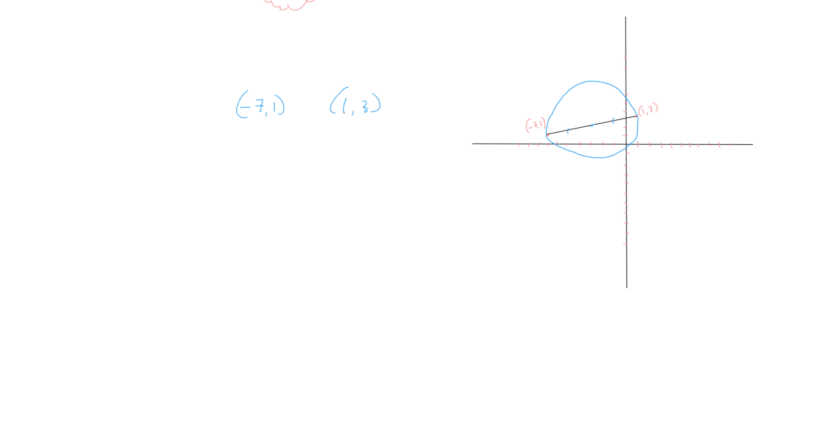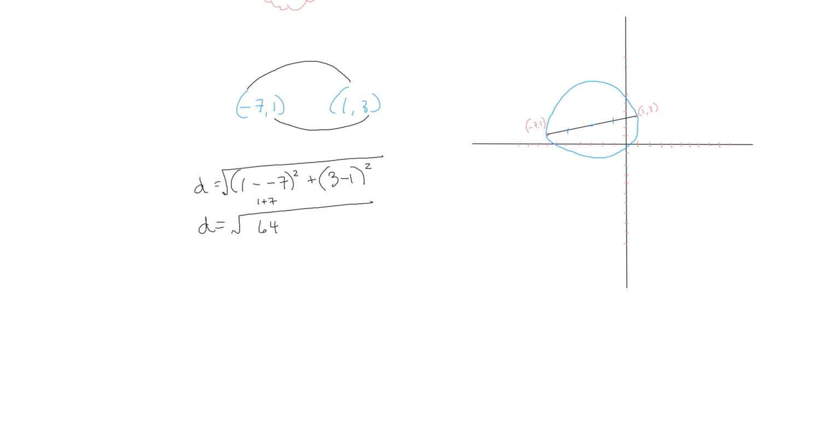So 1 minus negative 7 squared plus 3 minus 1 squared. So 1 plus 7 is 8, squared is 64. 3 minus 1 is 2, squared is 4.